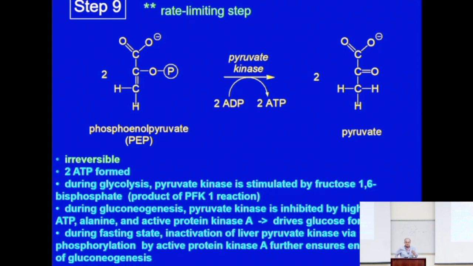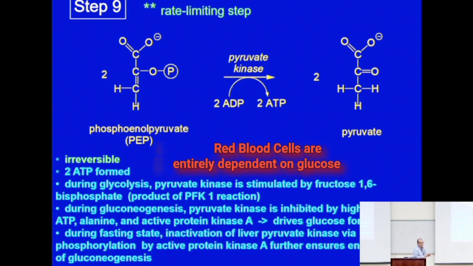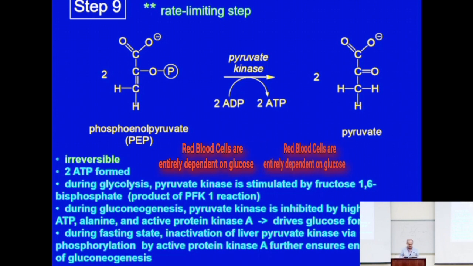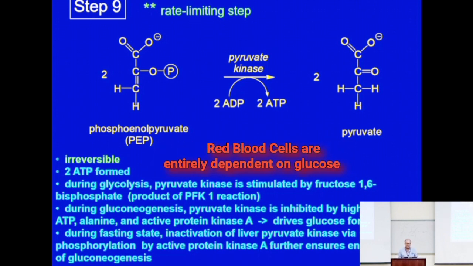I want to say one more important thing here. Pyruvate kinase, there's a known inherited deficiency in this enzyme, and it affects, most importantly, red blood cells. Red blood cells, as I mentioned before, are entirely dependent on glucose for their energy needs because they don't have mitochondria.